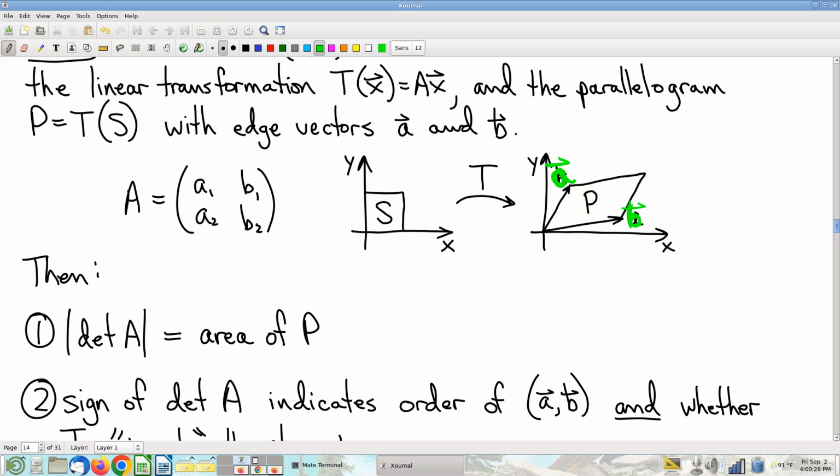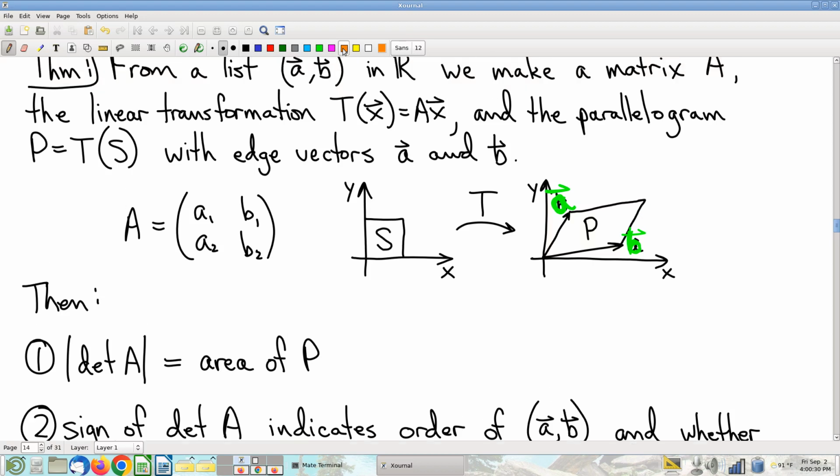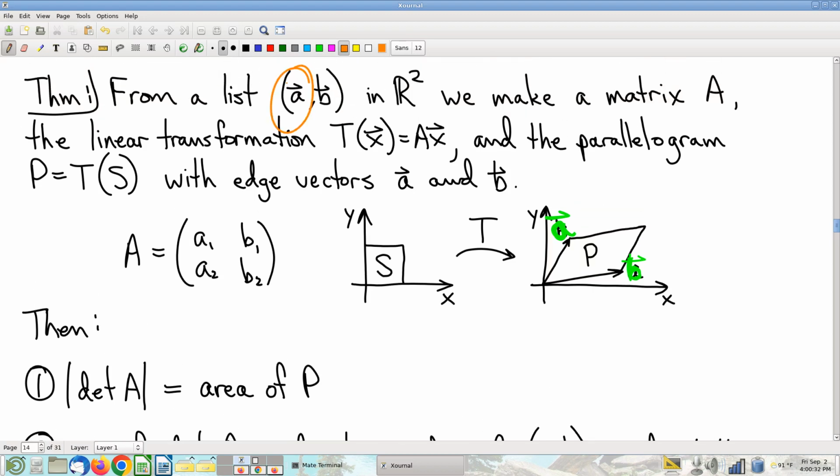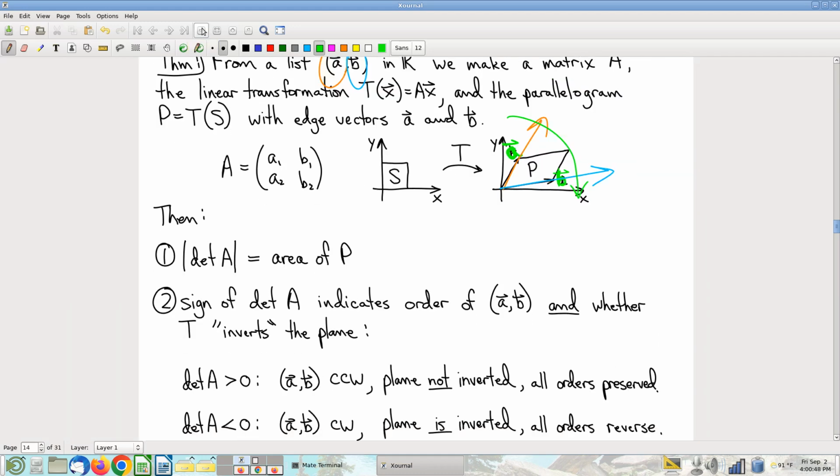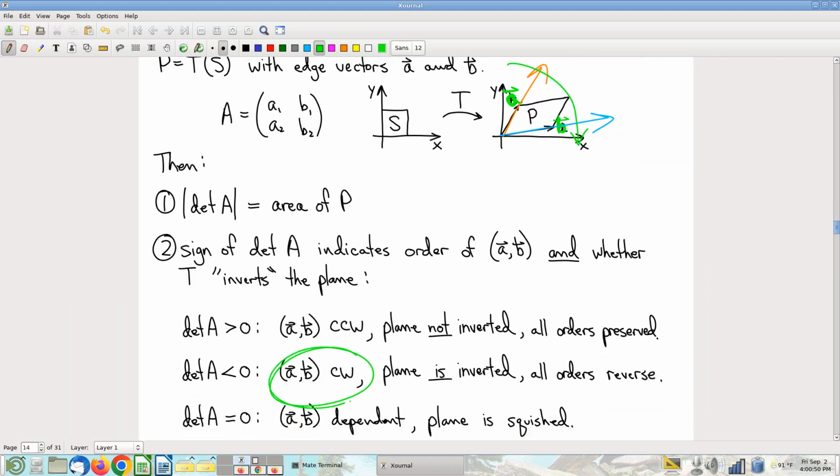Well, A first, B second. That list, A first, B second, is clockwise. And if that had been the picture, clockwise means the determinant's negative. Okay. All right. Again, there's a third case.